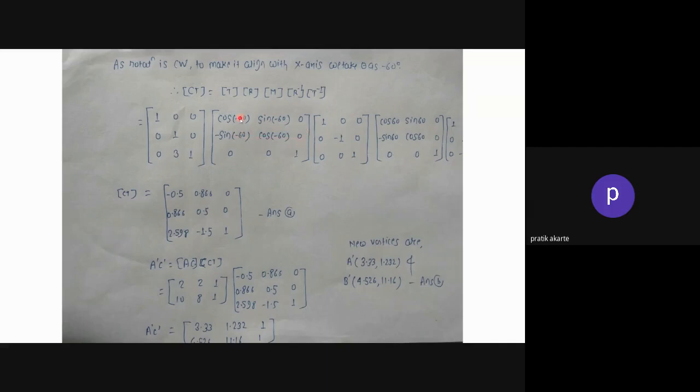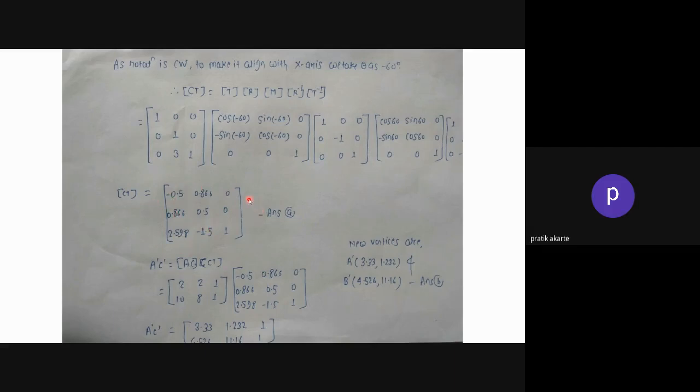We take the minus sign since we are rotating in the clockwise direction so that it coincides with the x-axis. Then this is for mirror about the x-axis. Then cos 60, this is the inverse rotation, and here, sorry, it is cut off, but we are taking minus 3. Since we are repositioning it, multiplying all these matrices gives the concatenated or composite transformation matrix.